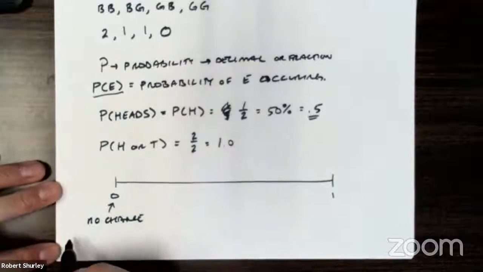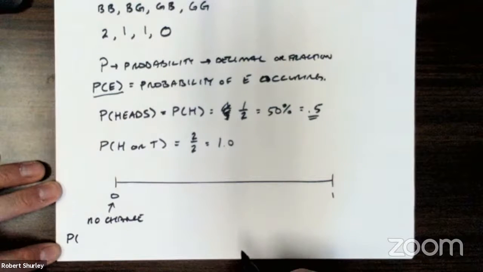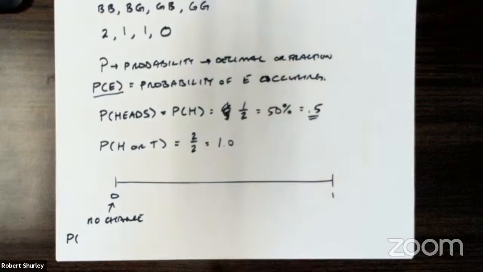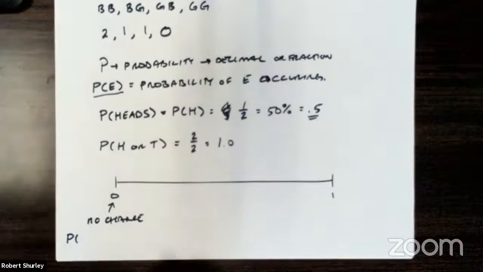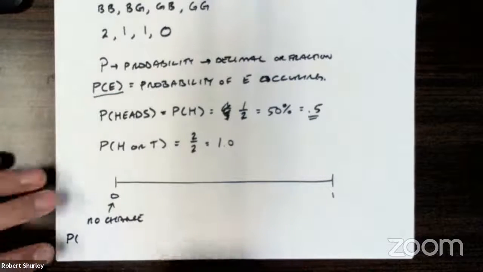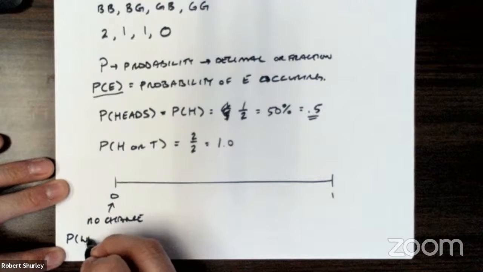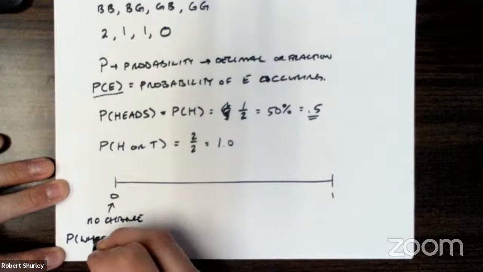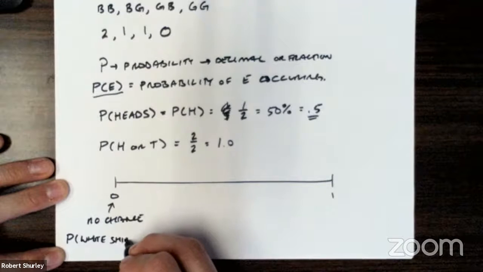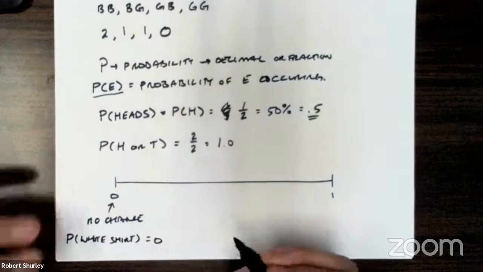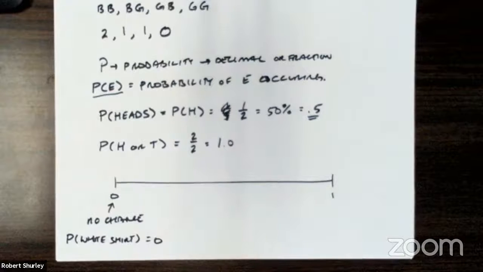An example of 0 would be something that has no chance of occurring. Say, the probability I wore a white shirt today is 0 because I'm not wearing a white shirt, right? I know that's subjective probability. We'll talk about that here in a minute.